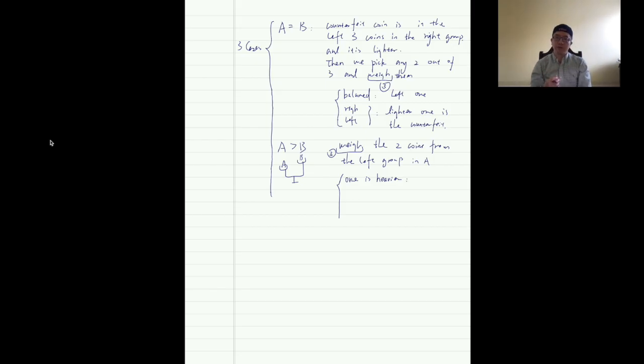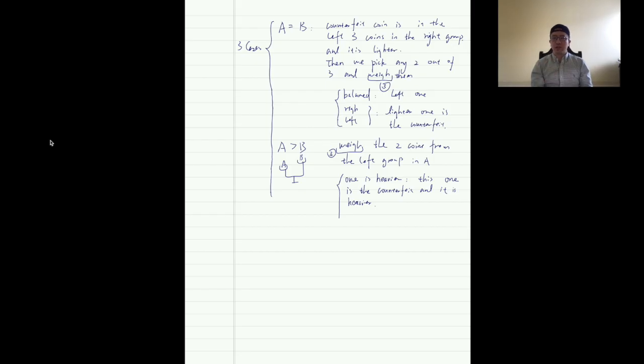The heavier one must be the counterfeit, and it is heavier. There are no other possibilities, because now we know it's heavier than a regular one. And from the first weighing, we know the left one is heavier.